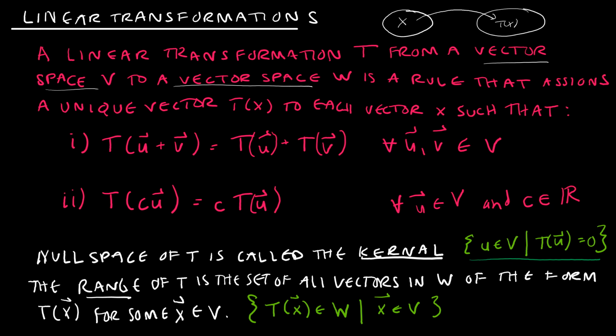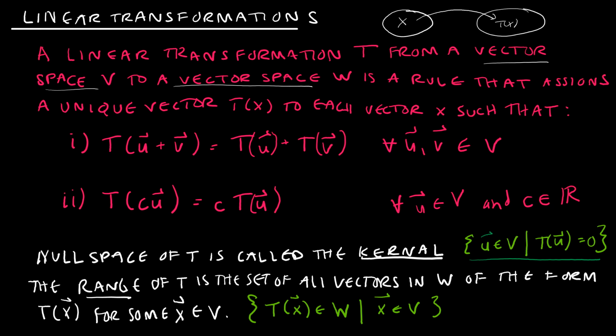Just like before when we talked about the null space, we said Ax was equal to 0. So notice I'm saying all of the vectors u in the vector space such that the transformation of vector u is equal to 0. So that is called the kernel.